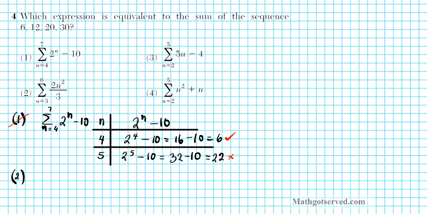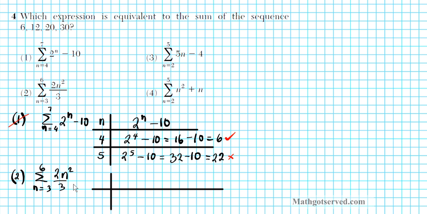Option 2, we're looking at a discrete sum from n equals 3 to 6. And then we're going to carry out the same process, substituting the values of n into 2n squared over 3, generating a table of values to see if our outputs match this sequence right here.